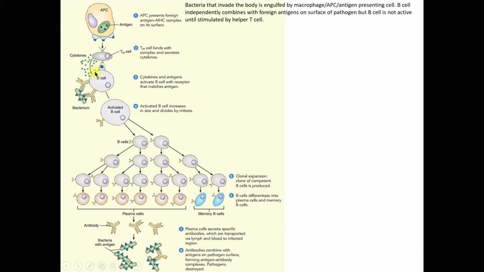Now, B cell independently combines with foreign antigens on the surface of the pathogen. But the B cell is not active until stimulated by the helper T cell. So meaning to say, in the humoral immune response, an APC will engulf the invading bacteria.